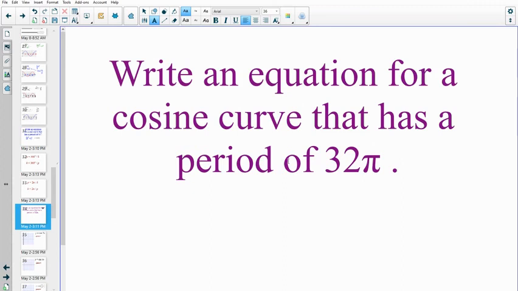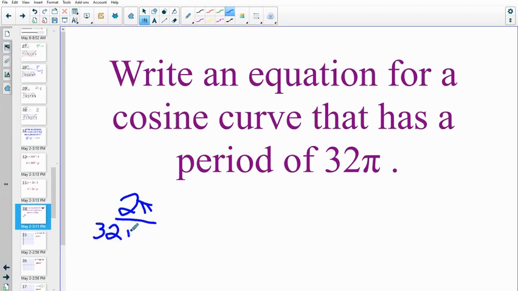If it is in radians, it's the same idea. We're going to take 2 pi divided by the number that the period needs to be. 2 pi divided by 32 pi is 1/16.